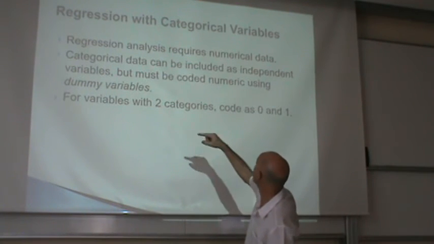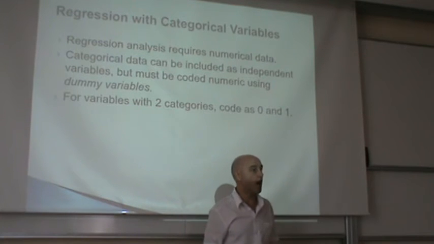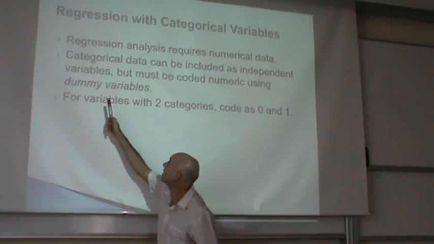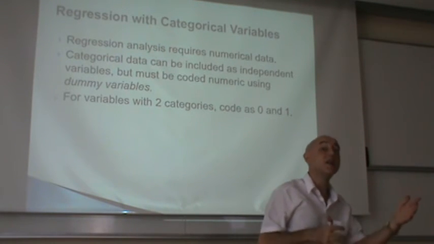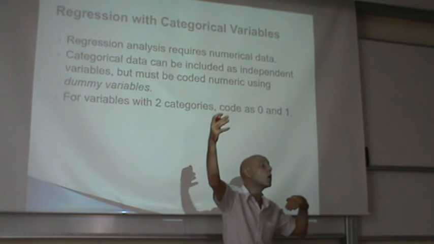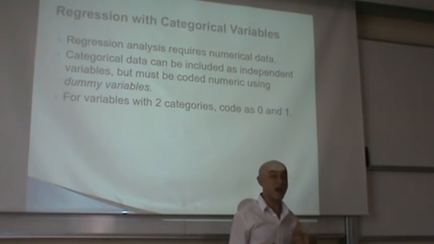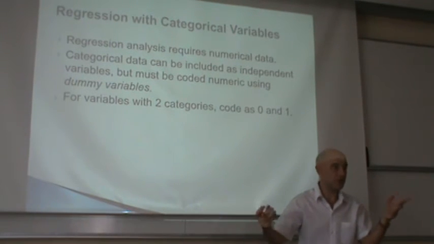All right, so you need to recode it with a 1 and 0, and it's called a dummy variable. A dummy variable will be male, female; have a high school, have a college degree; have experience, have no experience.